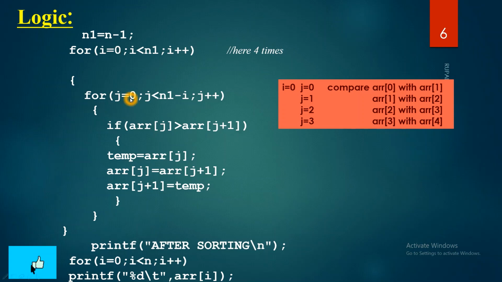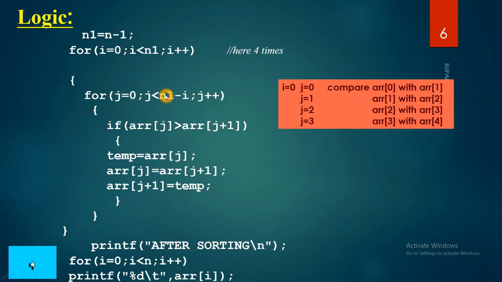Now j becomes 1, so i equals 0, j equals 1. You have to compare arr[1] with arr[2]. When i equals 0 and j equals 2, compare arr[2] with arr[3]. And when i equals 0 and j equals 3, compare arr[3] with arr[4].